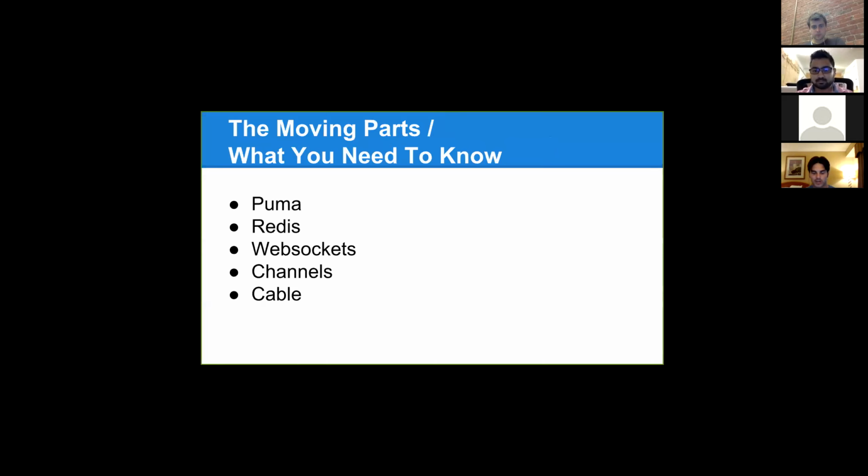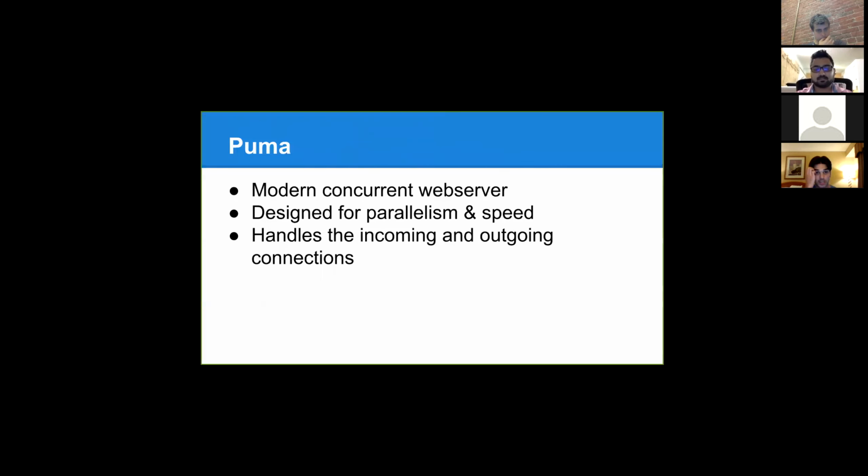So the moving parts. Right now, you have to use Redis basically as a middleman. Puma is going to be your web server that handles the processing of incoming and outgoing. Then WebSockets, and then the channels will be your publish and subscriptions, and then Action Cable itself. So Puma is just a concurrent web server.